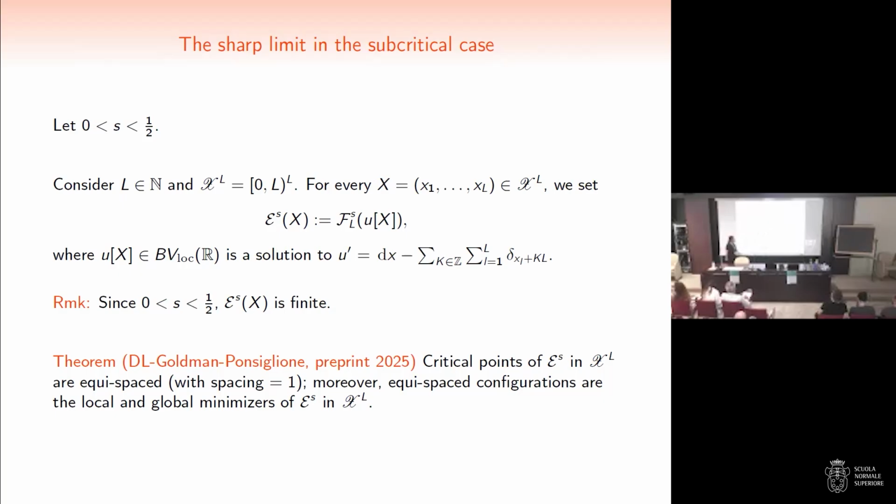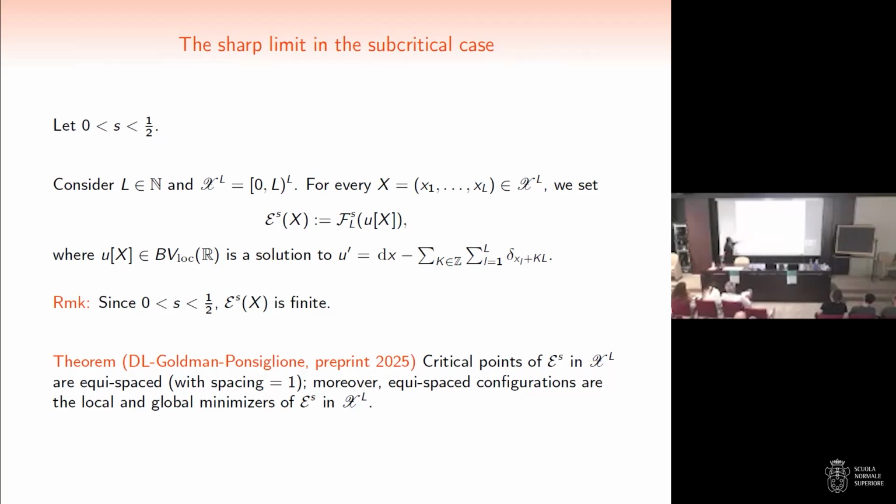As I told you before, in the subcritical case I can have a function that jumps because the energy is finite. And what we proved together with Miguel and Marcello is that in this case, critical points of the energy are equispaced. So I do not have only one minimizer, but only one critical point, and this one critical point is clearly a local minimizer and a global minimizer.